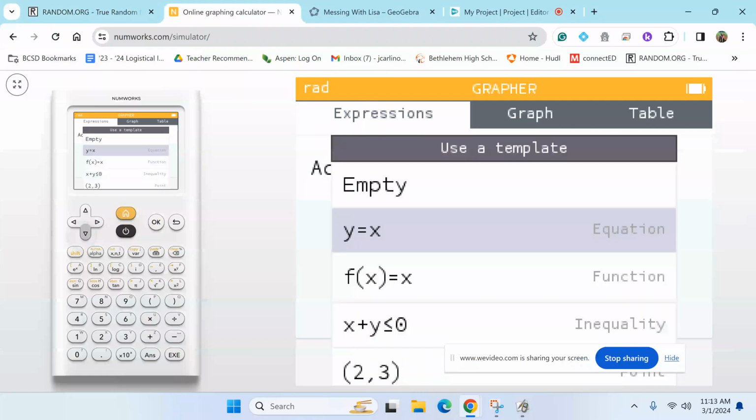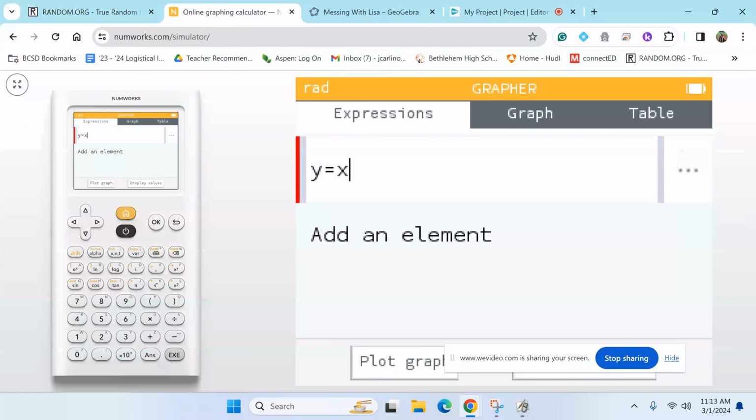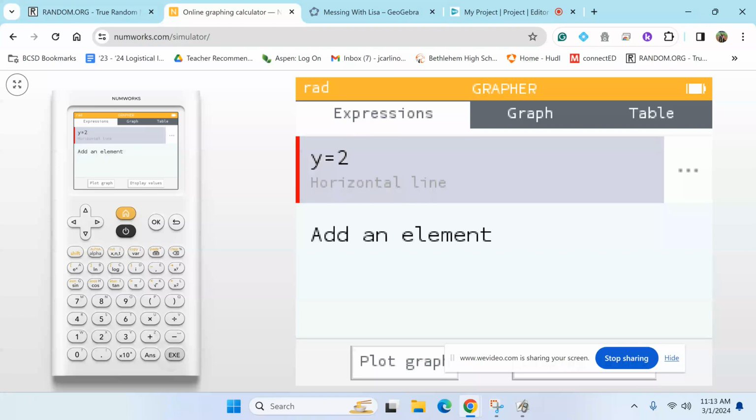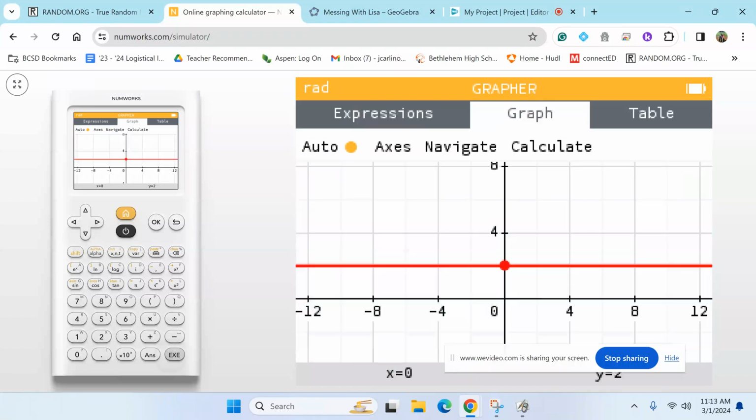I like y equals. Just get the x out of there and put y equals 2. Automatically it tells you what type of line it's going to be, but if you want to see it graphed, there's your line we're going to reflect over. It even does x equals 2. You can just type in x equals a number if you forget what type of line.